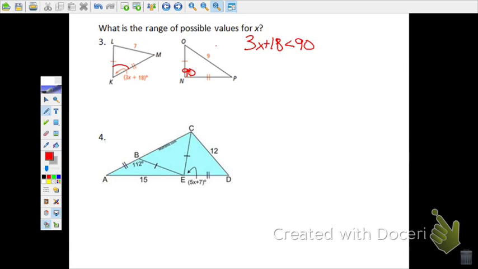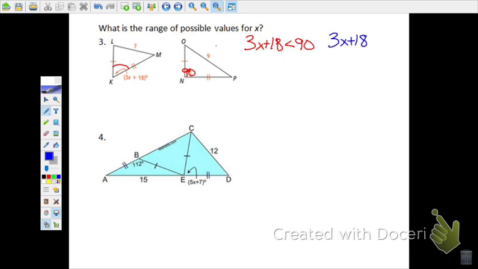I will come back and solve it in a minute, but if we have a range, we also have to have a second number. So we're going to have a small number and a big number. To find the second piece, I'm going to take this 3x plus 18.